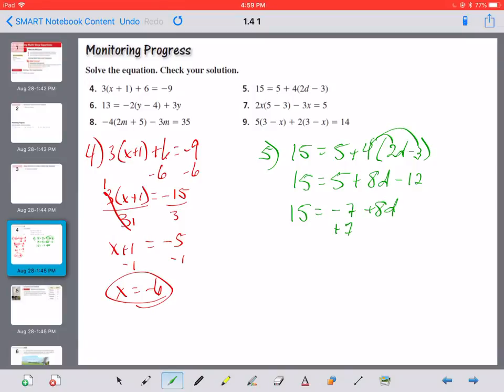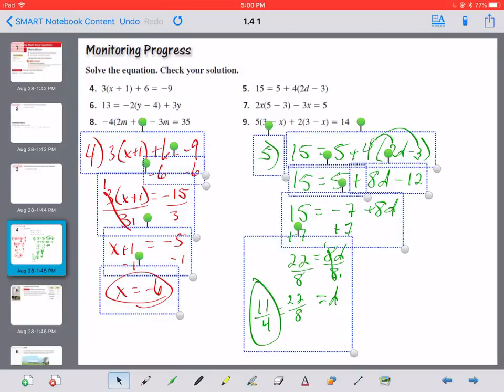My like terms are 5 and negative 12, leaves me negative 7 plus 8d. If I add my 7 over to both sides, I get 22 equals 8d. Get rid of my 8, reduces to 1s, leaves me with d equals 22 eighths. And then I reduce that. Make sure you always reduce to the smallest fraction possible.